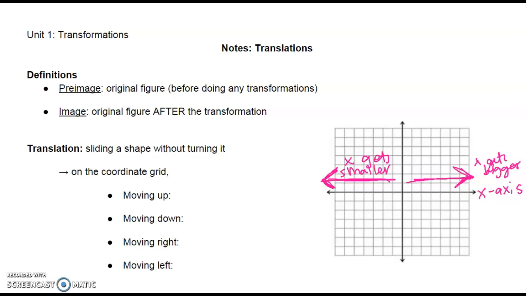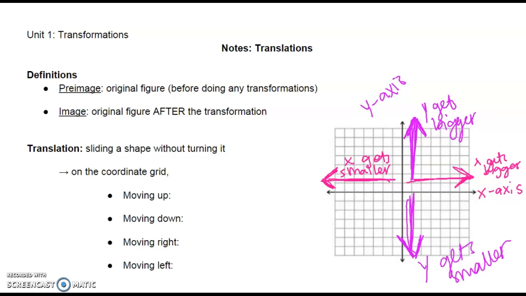When we think about our vertical axis or moving up and down, this is our y-axis. So our purple or our vertical axis is our y-axis. If I move up, then my y value gets bigger. And if I move down, then my y value gets smaller.